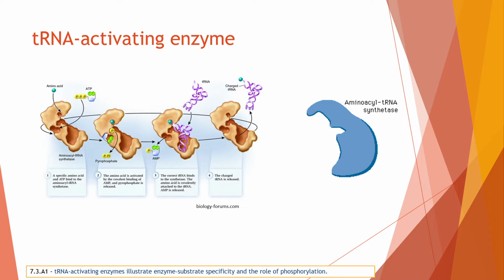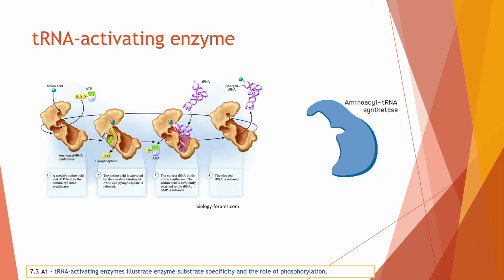The third issue to focus on here is the induced fit model. This is not only the fact that the amino acid and tRNA are recognized by the enzyme due to its specificity, but also the fact that to catalyze the reaction between amino acid and tRNA, the active site of the enzyme must change its shape. So this is exactly what the induced fit model states.